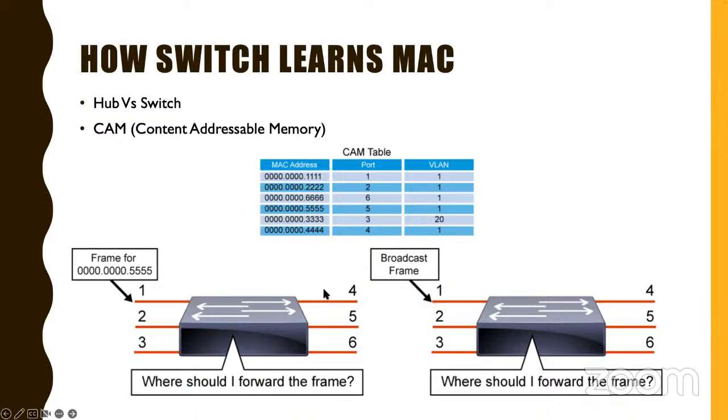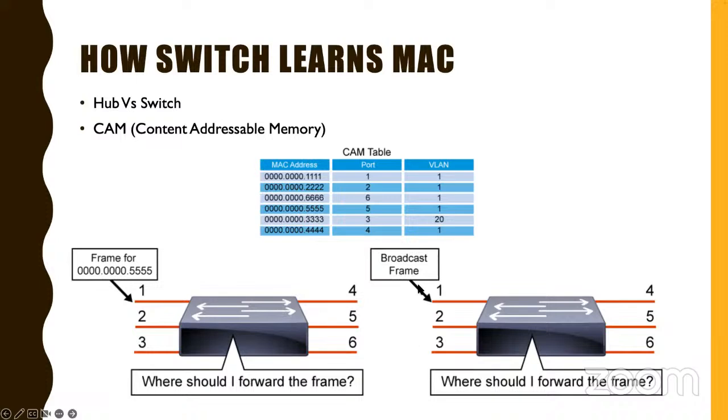Let us assume its CAM table or MAC table is populated like this. It sees that my destination address is 5555, so where do I need to forward this frame? Port number 5. Do you agree? Then it will send that frame to port number 5.